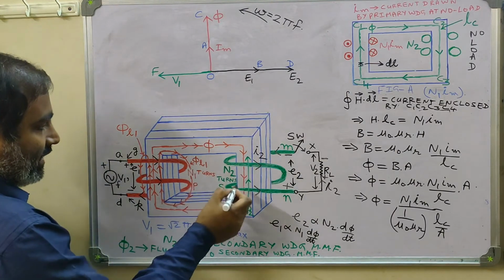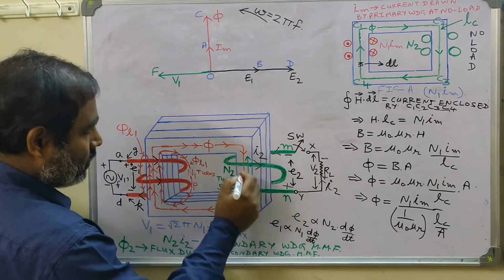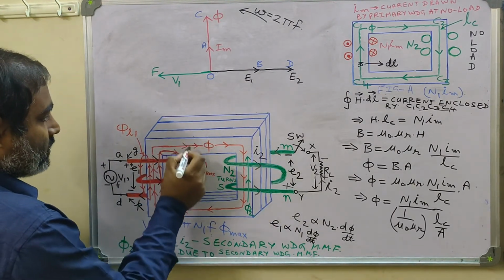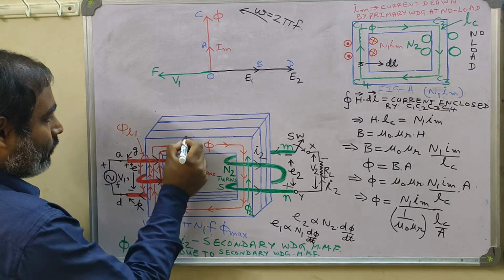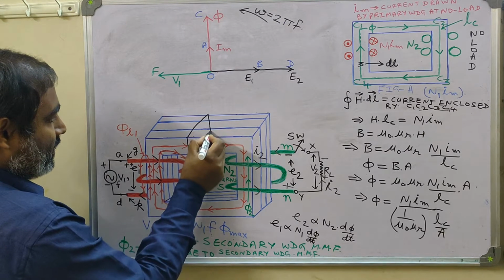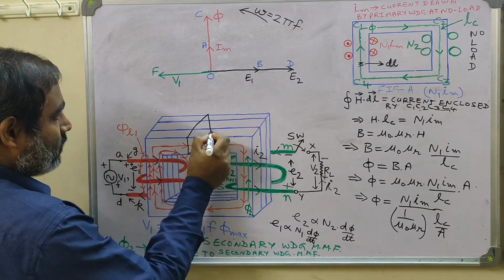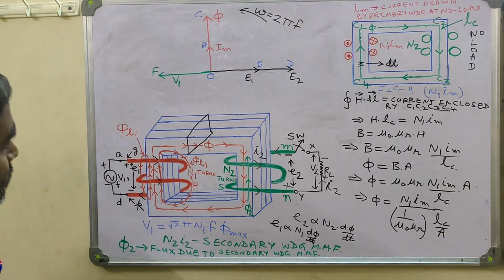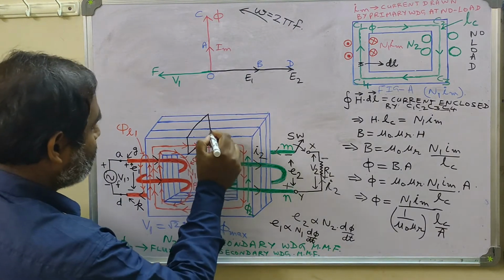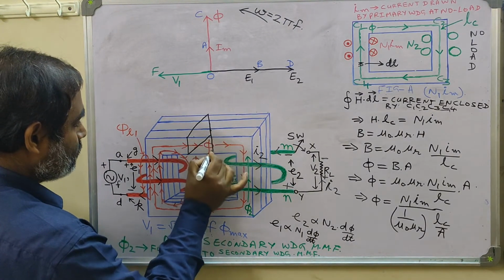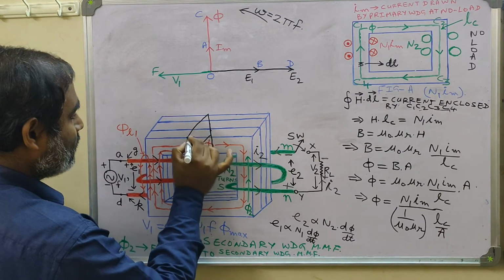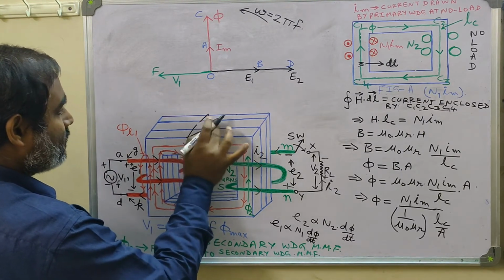We can indicate A by this particular thing. This area is our A.